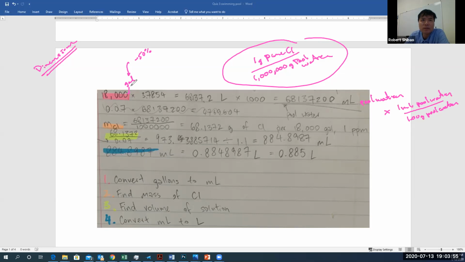So every time I was missing a unit, I lost 50% of the grade for that particular step. A lot of instructors are still like that. Some instructors will take off more, some instructors might not take off anything, but dimensional analysis, it's not just a number.